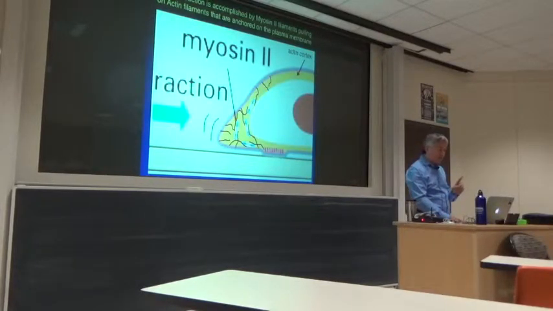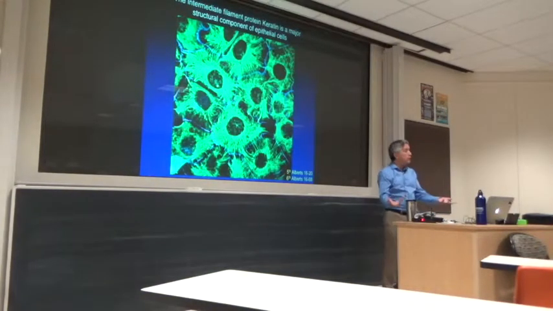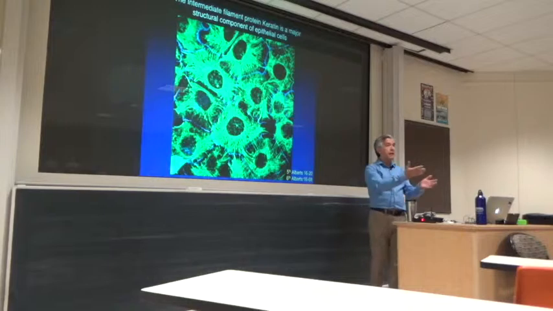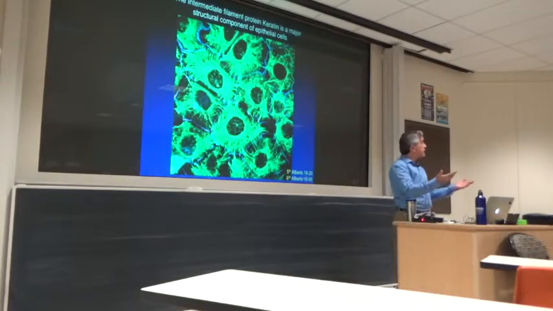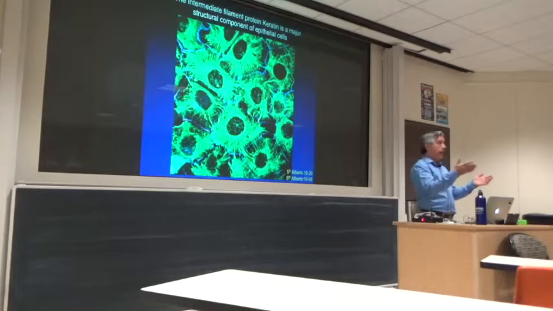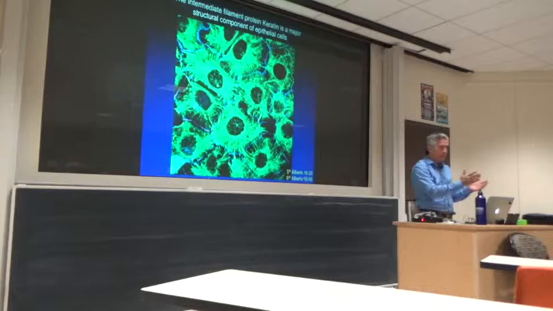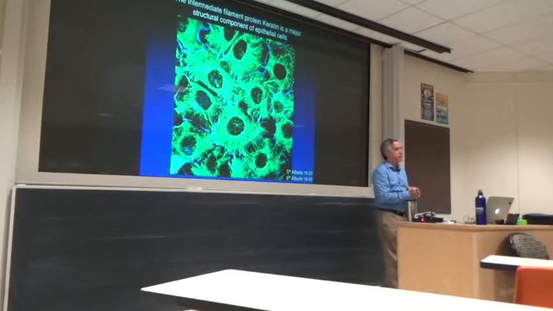So those are actin filaments. Intermediate filaments are called intermediate filaments because they are intermediate in size. They are in between actin filaments, which are very thin, and microtubules, which are quite thick. So they are in the middle in size and thickness.